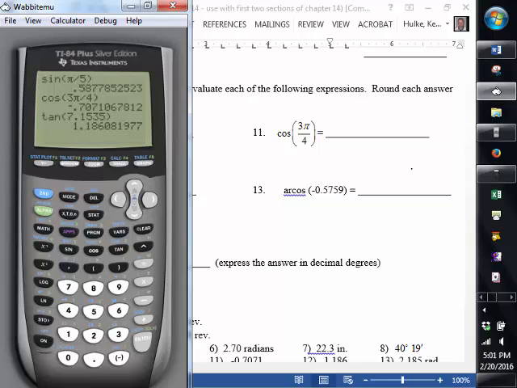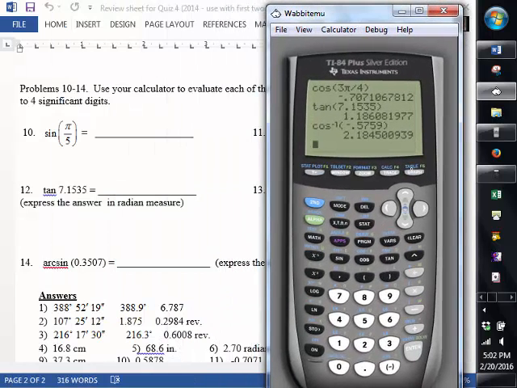So that means we have to press second function cosine because we're looking for an angle. Negative 0.5759 gives us 2.18 radians. So we're in the second quadrant someplace.